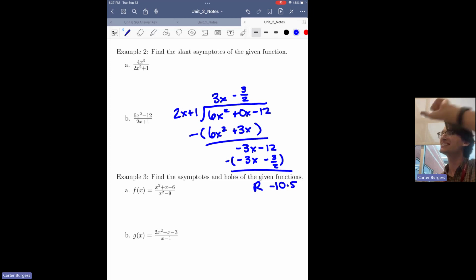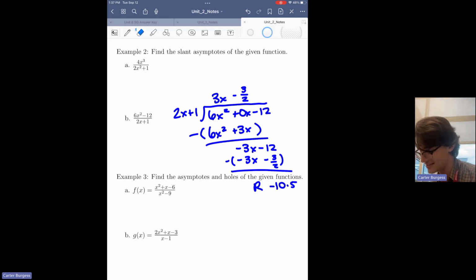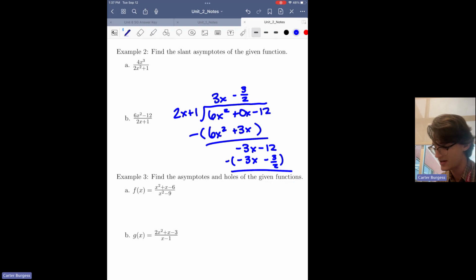It's a little bit of error. We've had a couple of different ways that we could write this error. The way that we're going to do it here is with the plus the remainder over the thing that we're dividing by. Remember doing this when we were doing the long division?